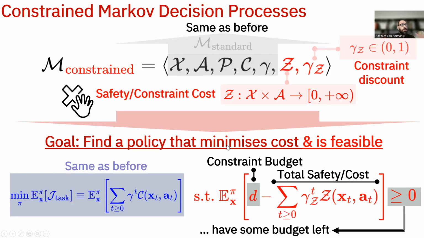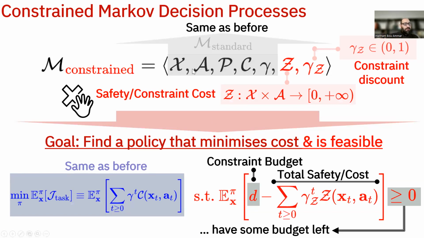Now, when we want to talk about safe reinforcement learning, we rather deal with something called constrained MDPs and not just MDPs. So constrained MDPs are an extension of MDPs to support safety or constraint costs.